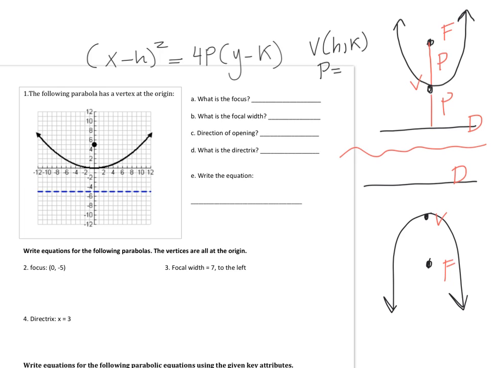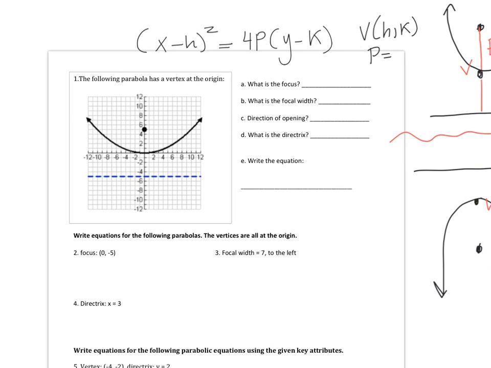Now remember, if the parabola opens upward, then that part is going to be positive. If the parabola opens downward, the 4p will be negative. Just keep that in mind as we work throughout this lesson. So this is a quick review of what we learned in lesson 3.3.